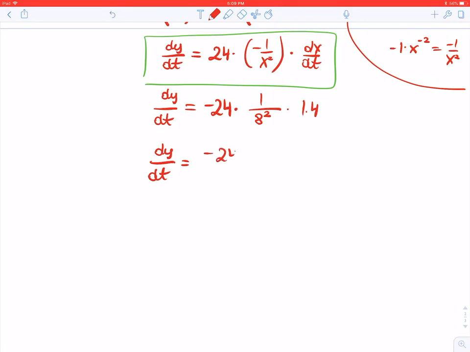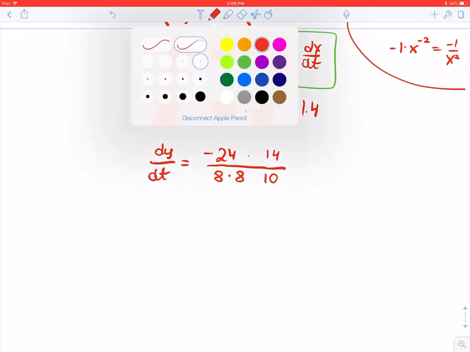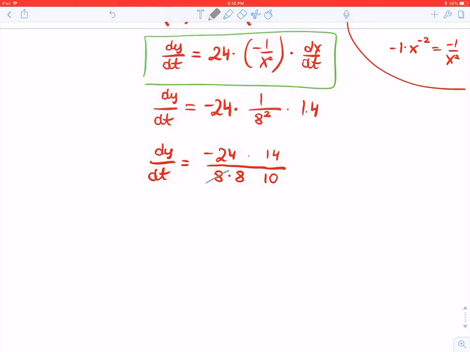dy/dt, we have negative 24, we have 8 times 8, and 1.4 is 14 over 10. I will use fractions because it's easier since we don't have a calculator. A little bit of simplification. 8 divided by 8 is 1, 24 divided by 8 is 3. I can try maybe to divide by 2. 8 divided by 2 is 4, 14 divided by 2 is 7.